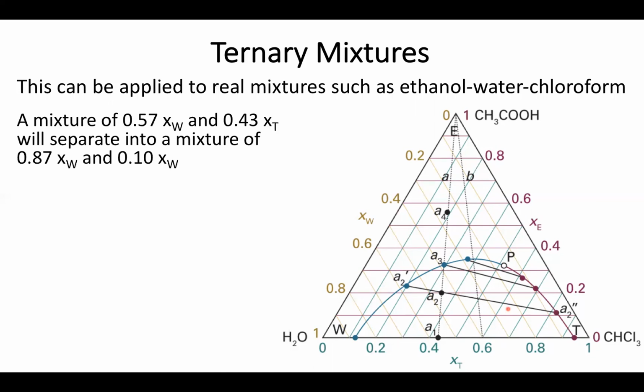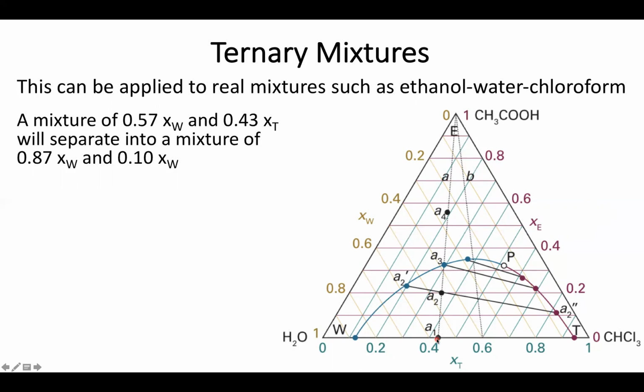What I can do is first identify, if I start here at point A1, that the system is a little bit less than 60% water and a little bit more than 40% tetrachloromethane, another name for chloroform. And so this is actually fairly useful. However, you'll note that this area lies within the two-phase mixture, which means it's going to split apart.